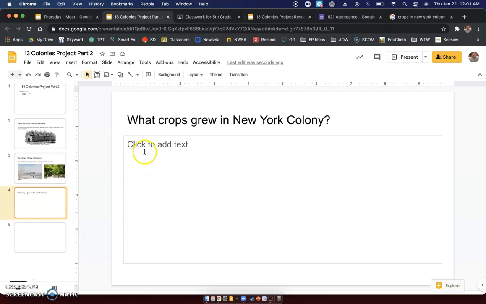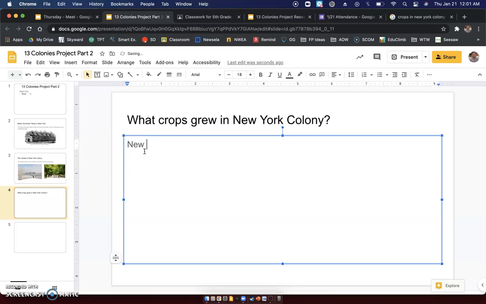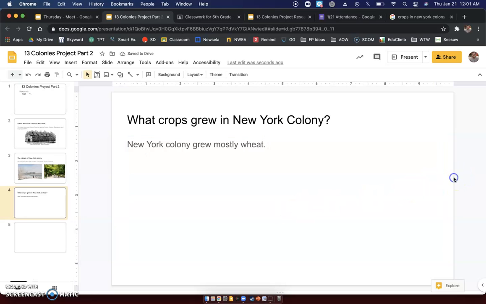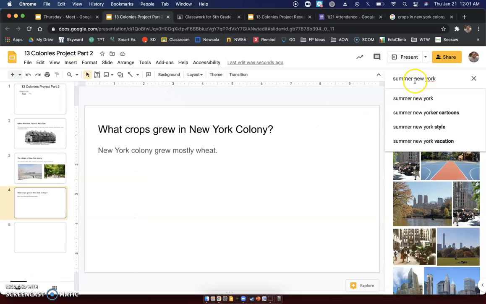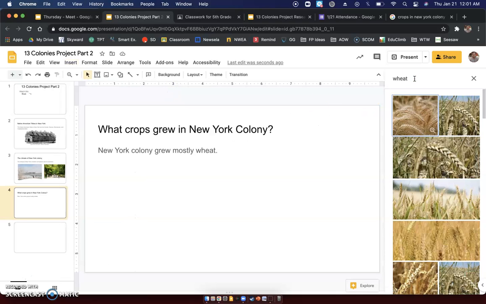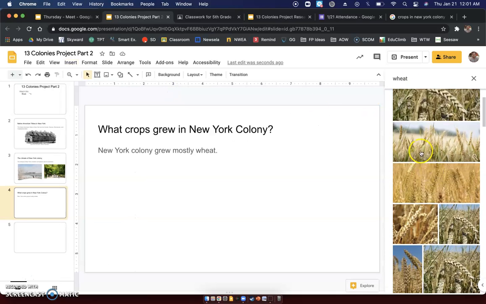All right. So, New York colony grew mostly, okay, they grew mostly wheat. So I'm going to find a picture of wheat here. I like this one.